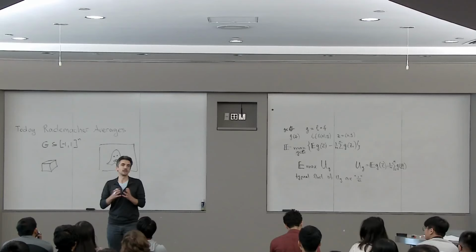Okay, so here's the proposition. This is what I'm going to do. I'm going to take this poor guy, and let's say this is the origin, and maybe this is the hypercube.